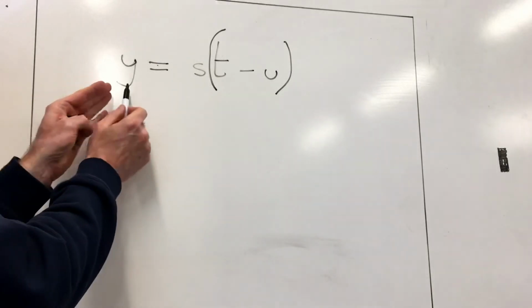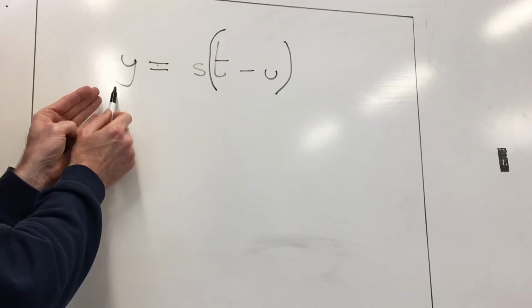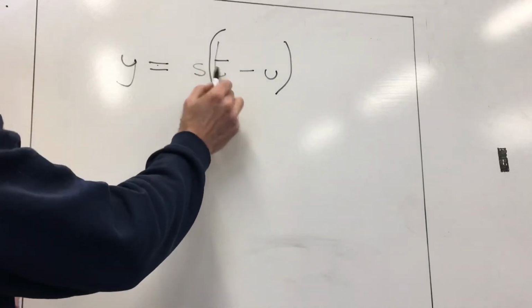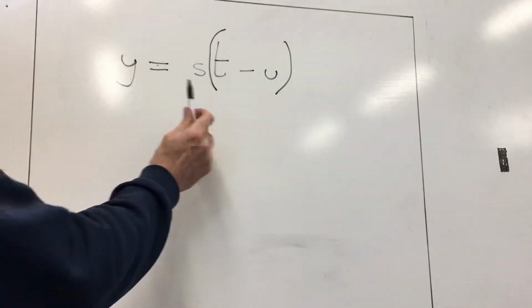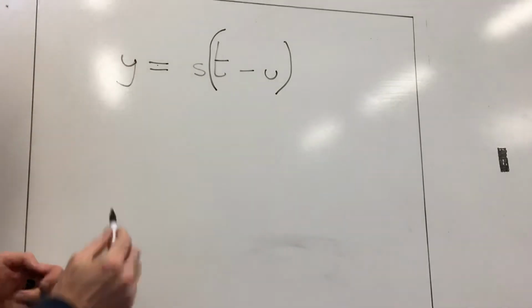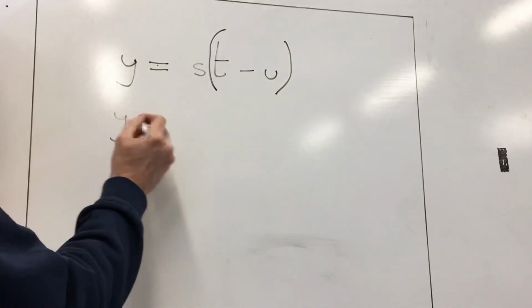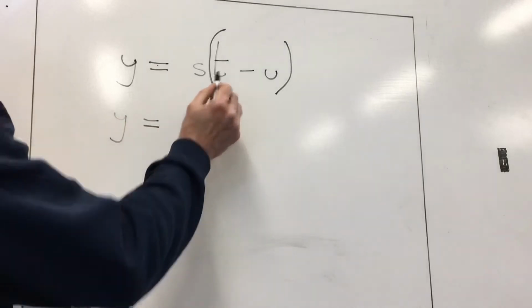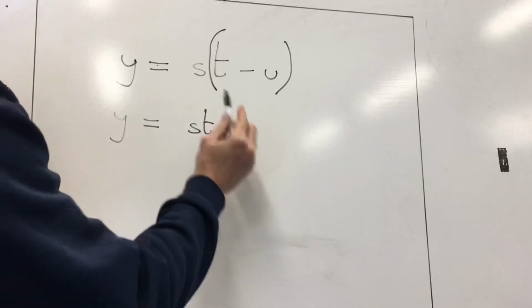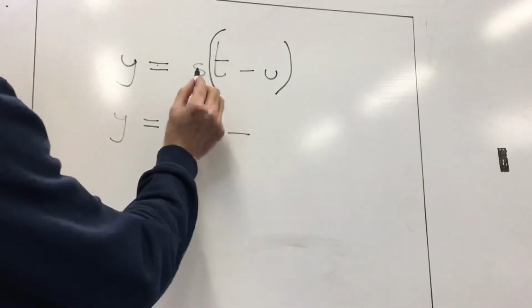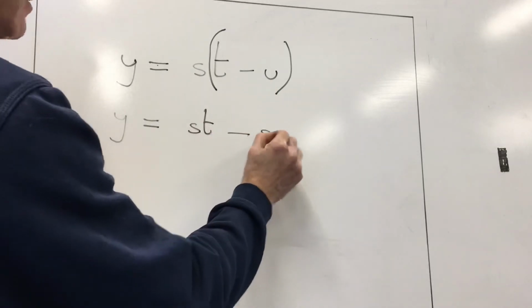So at the moment, y is the subject of the formula, but we want t to be the subject of the formula. First thing we do, multiply out your brackets. So y is going to equal s times t, take away, multiply the s by the u, s times u.